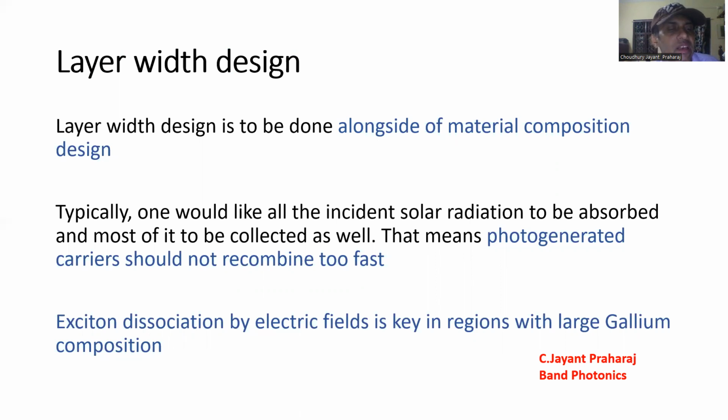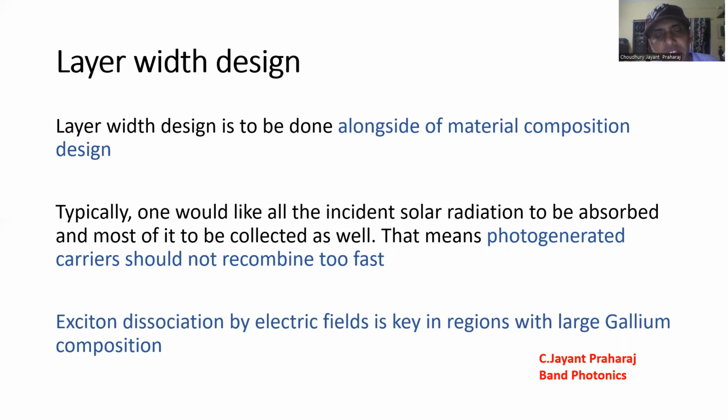What that means is that the excitons aren't dissociated thermally once they are formed in these materials with high gallium composition, indium gallium nitride. And so we need to somehow dissociate these excitons, and that is done by the built-in electric fields.